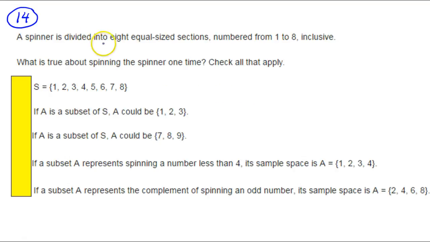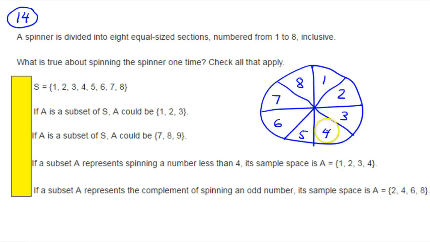A spinner is divided into 8 equal-sized sections, numbered 1 to 8. What is true about spinning the spinner one time? Check all that apply. Well, here's a rough sketch in case we need it. So S equals the set 1 through 8. This S is the sample space, which means just a list of the possible outcomes.